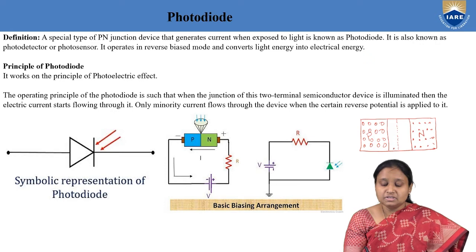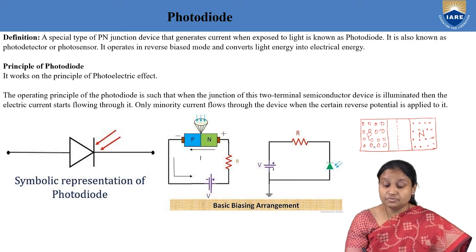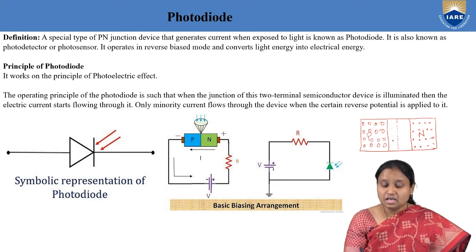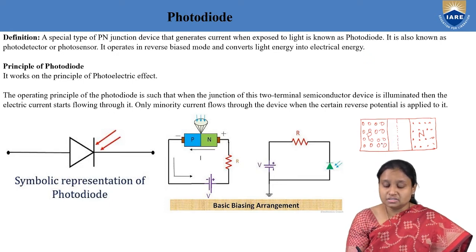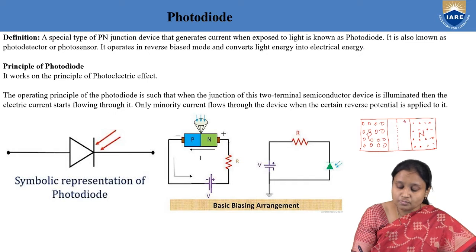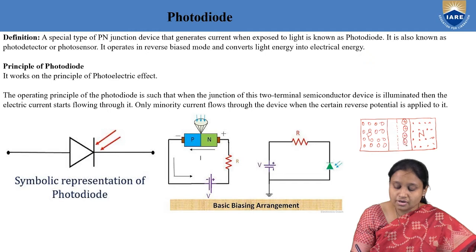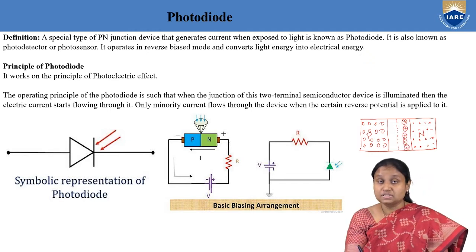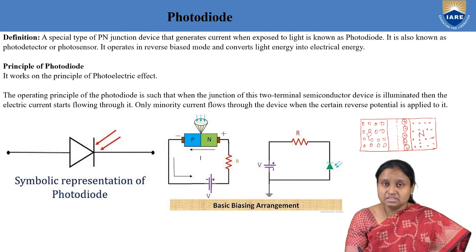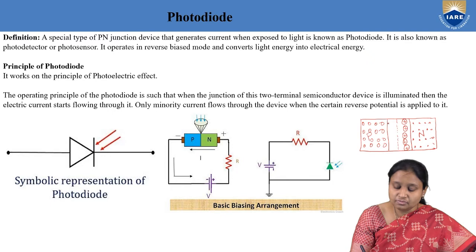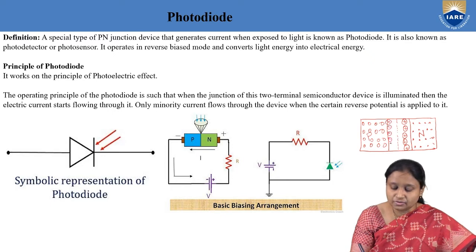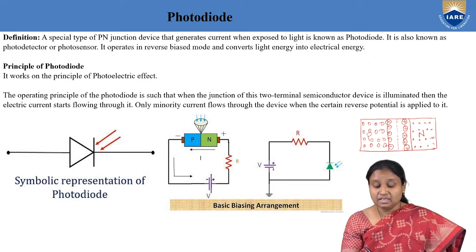Because of diffusion, we have migration of holes from the P region to the N region. Once these holes go to the N region, they form positive donor ions, immobile positive ions. Similarly, once electrons diffuse from the N side to the P side, they become acceptor negative ions, which are immobile.